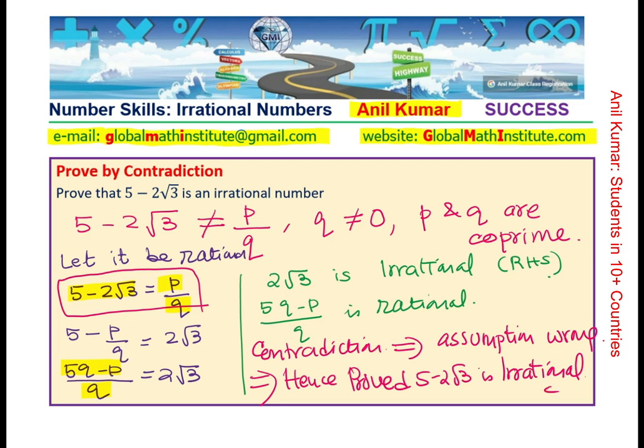To prove that these numbers are irrational, we assume let it be rational. Then we saw that the left hand side was rational, and the right hand side we know is irrational because square root 3 is irrational. Since a rational number cannot be irrational, from contradiction we have shown that 5 minus 2 square root 3 is indeed an irrational number. Makes sense?